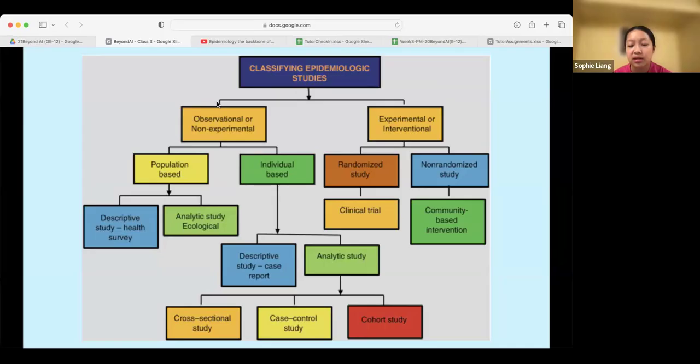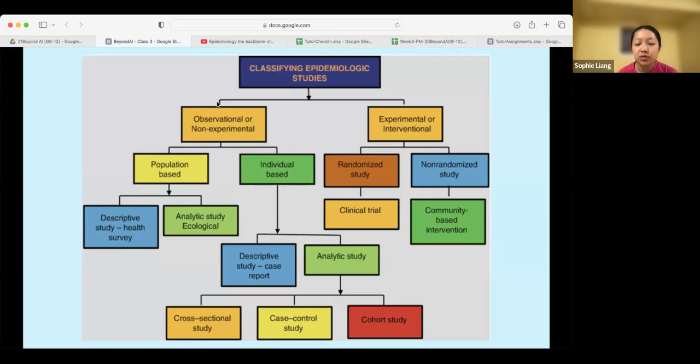That takes data from populations, let's say the air pollution levels of a city, or how many cases of some kind of disease in a whole state or something. So these are based in populations.